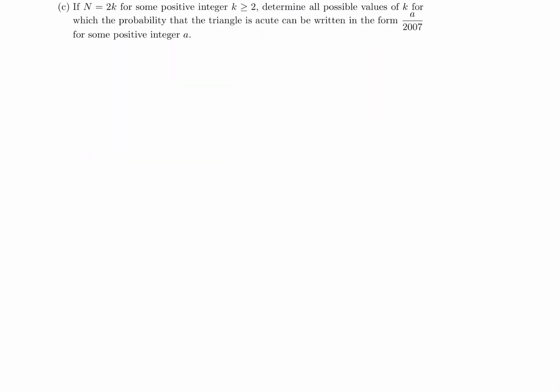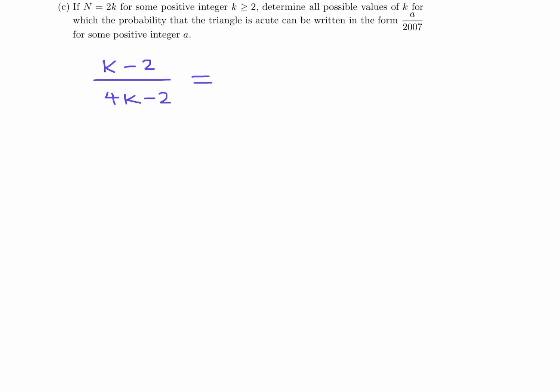If n is equal to 2k for some positive integer k greater than or equal to 2, determine all possible values of k for which the probability that the triangle is acute can be written in the form a over 2007 for some positive integer a. Well, recall in the previous part we got the probability to be equal to k minus 2 over 4k minus 2.